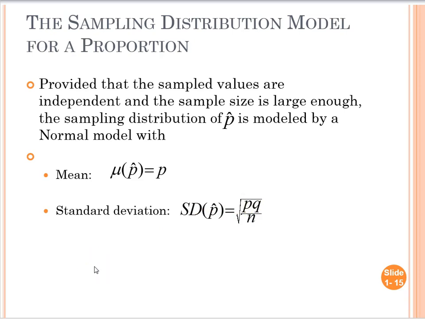Now, in reality, we're not going to repeatedly sample. We're only going to sample once. But we're going to get to that when we start doing testing. For now, we're just going to work on problems that deal with what the histogram would look like if we were to repeatedly sample. And so the idea with these problems is that we are repeatedly sampling, or it's as if we are repeatedly sampling.